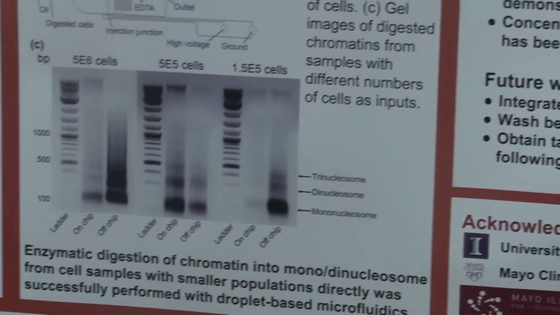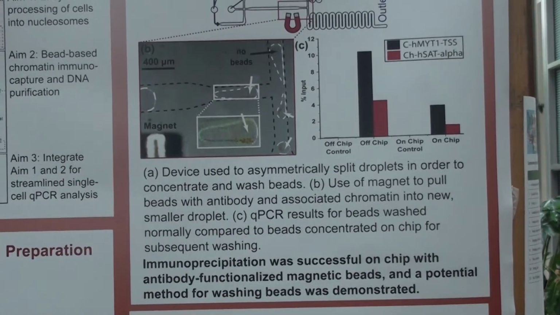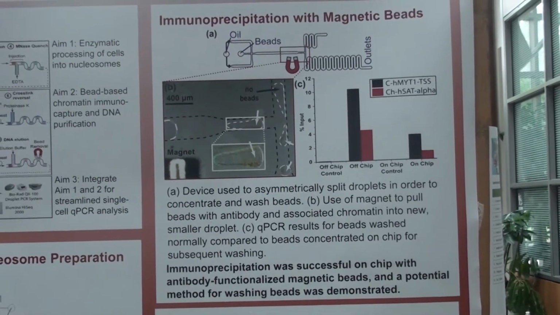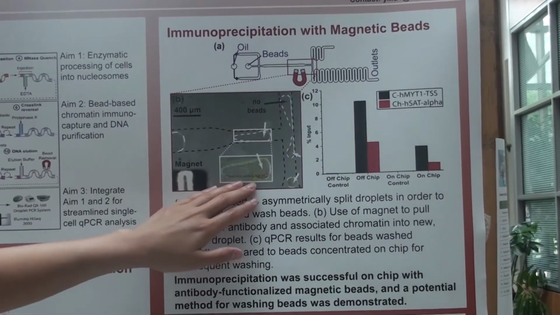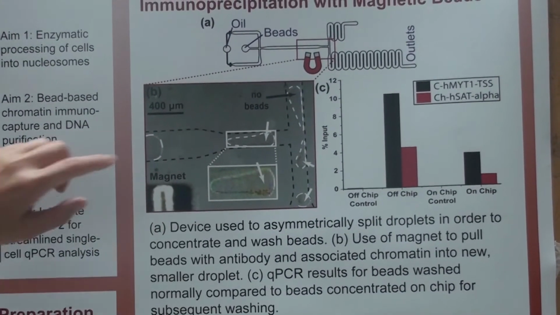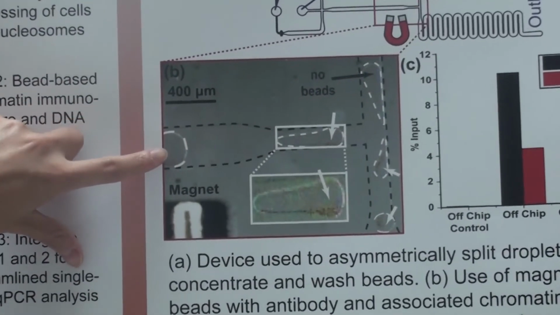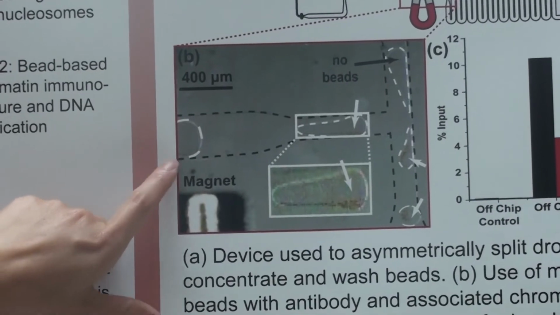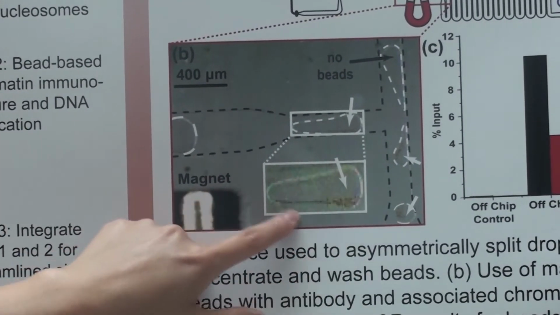And here is immunoprecipitation, which is one of the key features of my AIM2. So I want to concentrate my magnetic beads so that I can do the following PCR with my targeted DNA. And here you can see with a droplet with magnetic beads coming over, the beads will be pulled down to the bottom of the droplet by the magnet, and then all of the beads will be at this part.